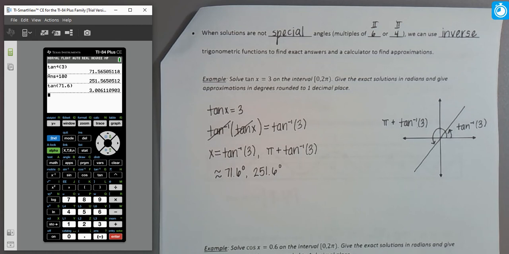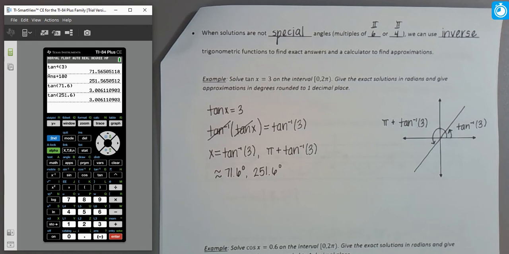Why did we end up with something that's bigger than 3? Well, if you look at those two degree measures, notice we had to round up. The 5 rounded up because it was followed by a 6. So that means the value of tangent also is a little higher than it really should be. But we're very, very close to 3, which is an indication that this would be a solution to our equation. Same thing if we do tangent of 251.6. Notice we get the same value, and again, that confirms that this does solve our equation.